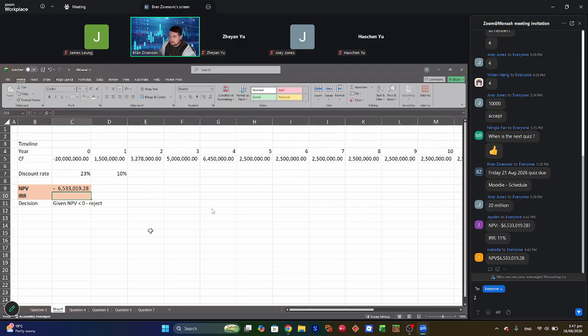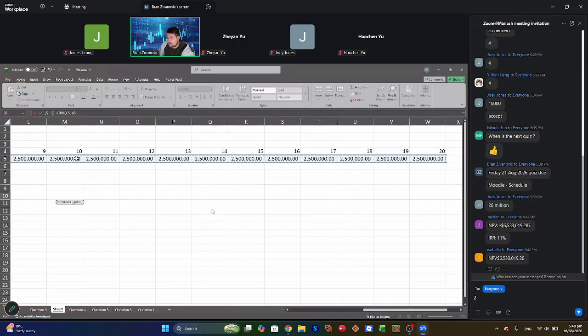Now, to calculate the IRR, all we need to do is type IRR into the syntax. It gives you the internal rate of return. You open the brackets and select all of the cash flows this time.